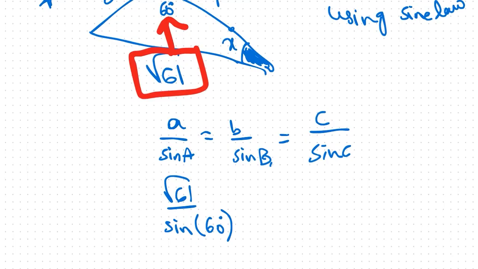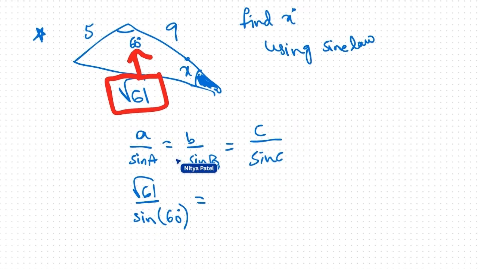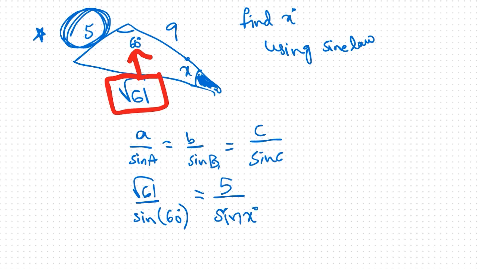This should be equal to 5 over sine of x degrees. X is the angle this time, not the side length. The third one is not given, so we ignore that.